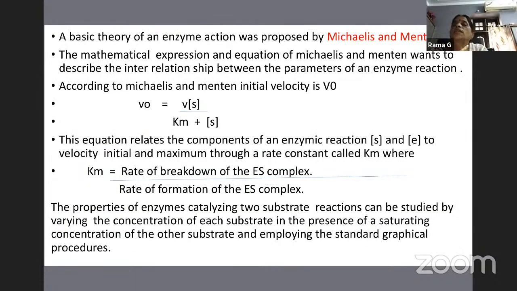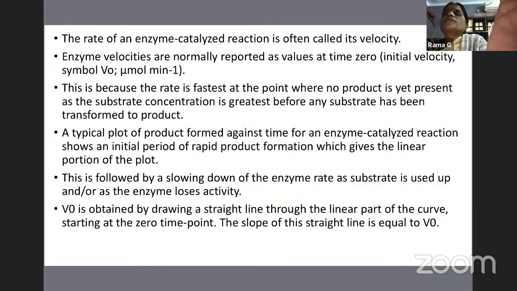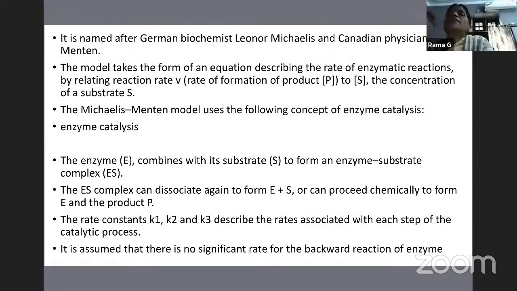Then the third theory was the Michaelis-Menten theory, which was proposed by Michaelis and Menten. One, Michaelis, was a German biochemist, and the Canadian physician was Maud Menten.